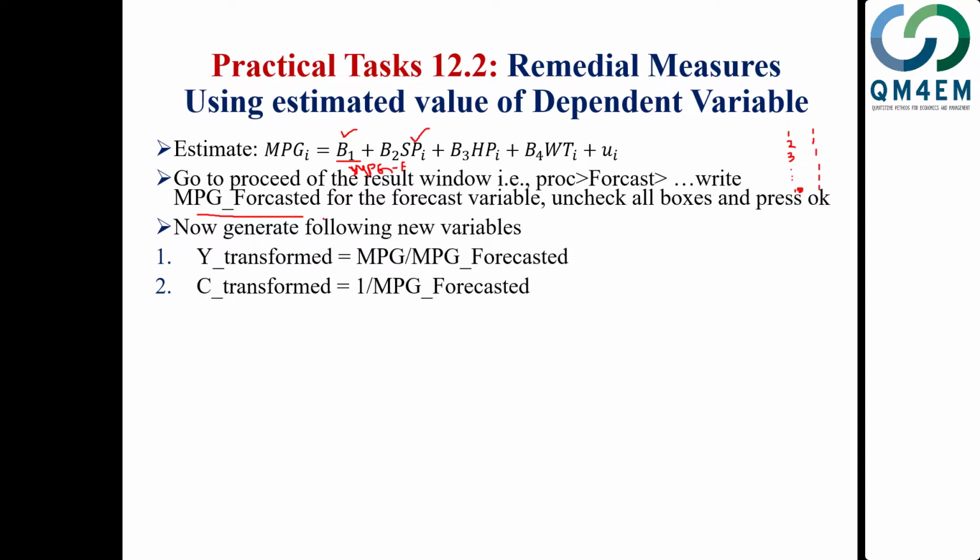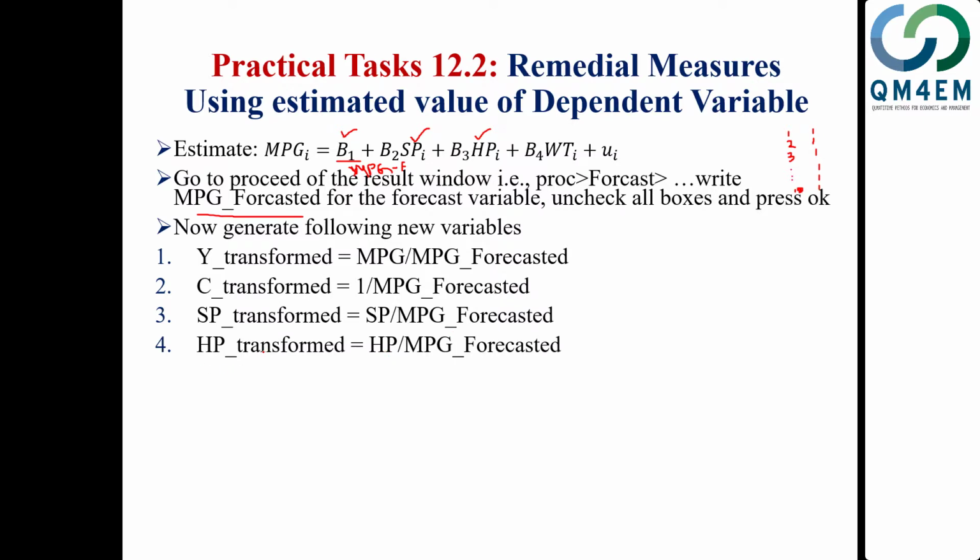Similarly, I divide SP by MPG forecasted, then HP by MPG forecasted, and then WT divided by MPG forecasted to get WT transformed. So I got 5 new variables, all generated by dividing them by MPG forecasted.